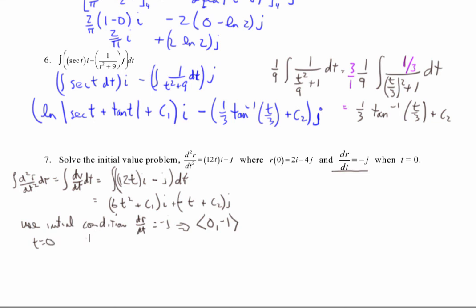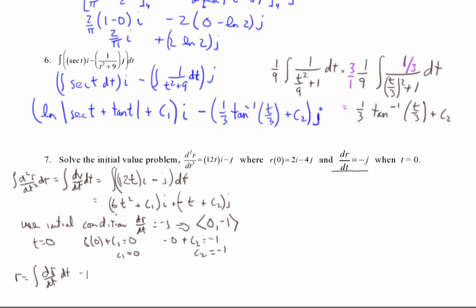Plug them in, we'll get 6 times 0 plus c1 equals 0. c1 is 0. Then negative of 0 plus c2 equals -1. c2 equals -1. That gives us now our v vector.